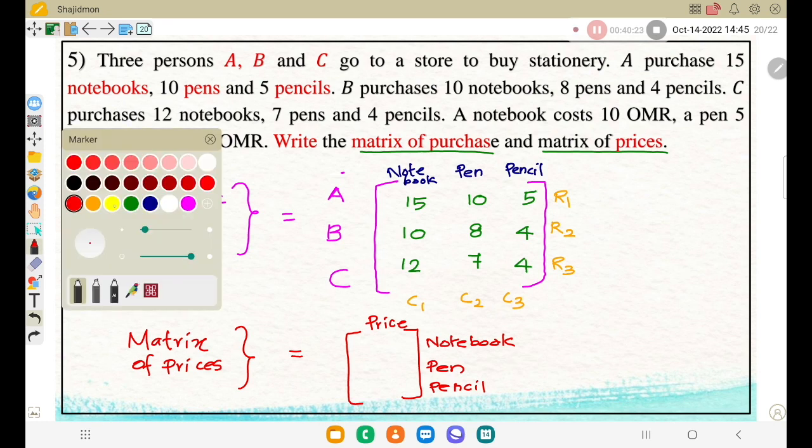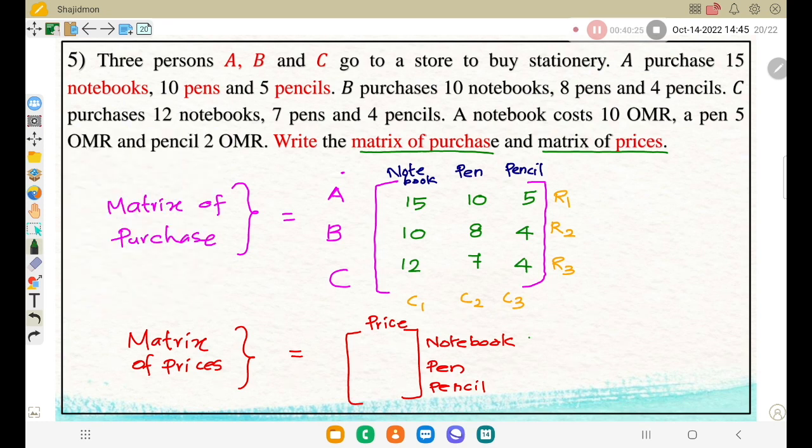So the first item is in row 1, pen is in row 2 and pencil is in row 3. For notebook, what is the price? 10 Omani Riyal. 10, 5 for pen and 2 for pencil. So this is the matrix we call the matrix of prices.